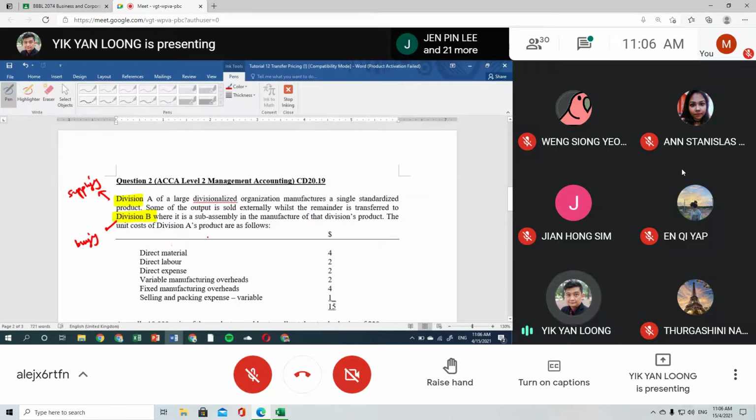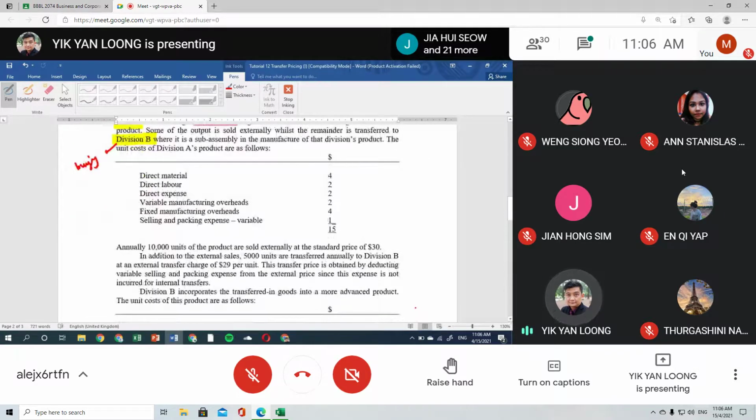Now, the unit costs of division A's product are as follows. So you're given the cost of production of this particular subcomponent. Then you're told annually 10,000 units of the product are sold externally at the standard price of 30. In addition, transfers are made at an internal transfer price of 29.